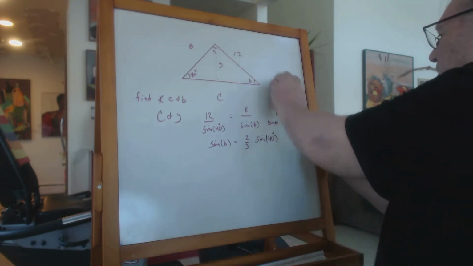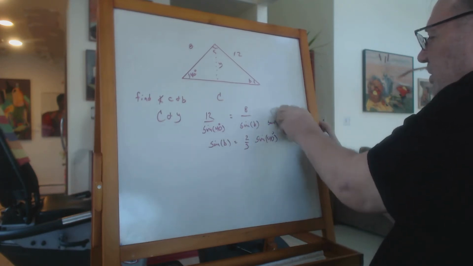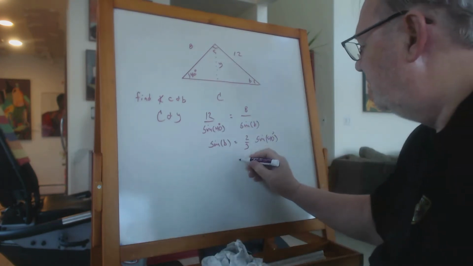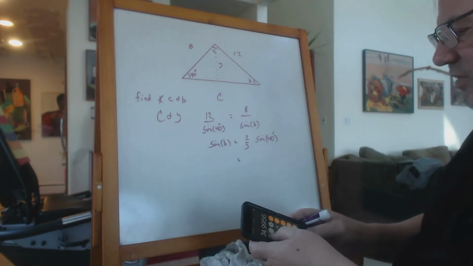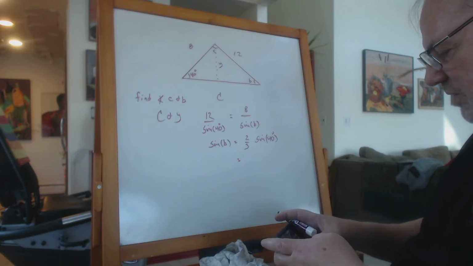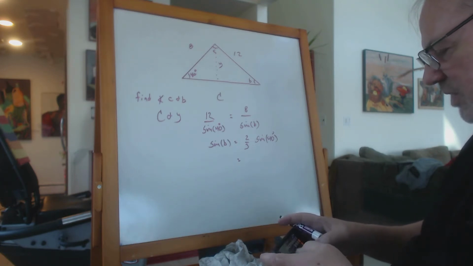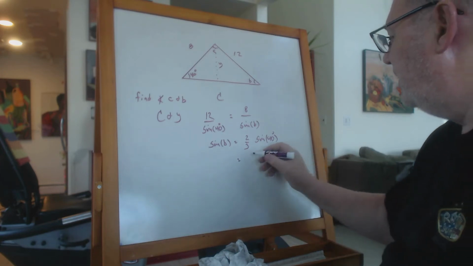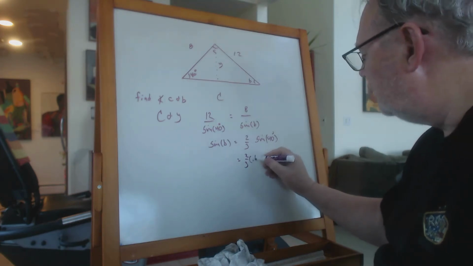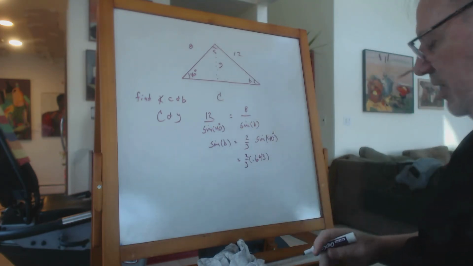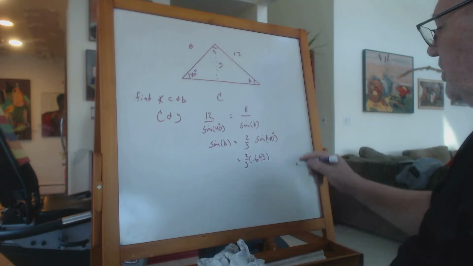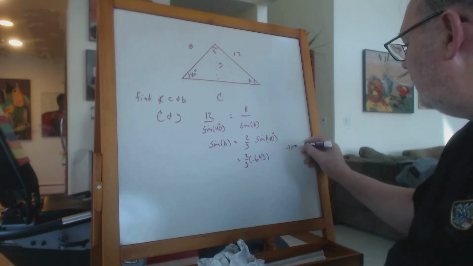So, we'll see what it is. Sine of 40 is 0.643. And what was sine of 45? 0.707. 0.707 was the sine of 45.